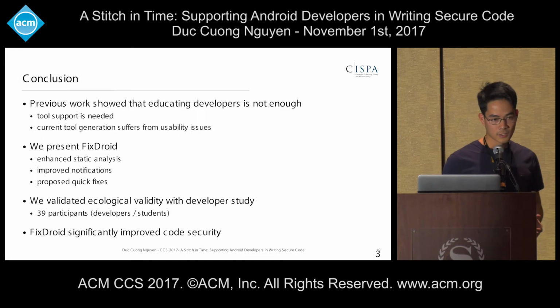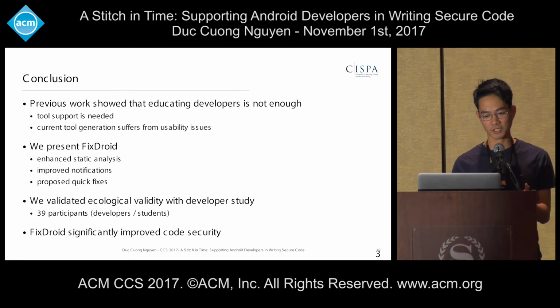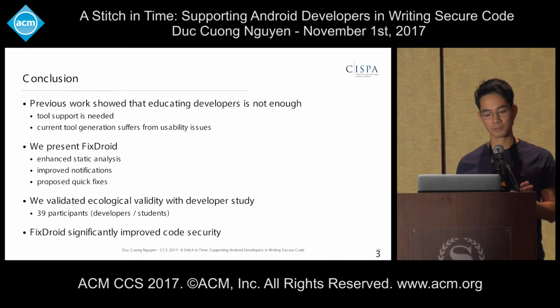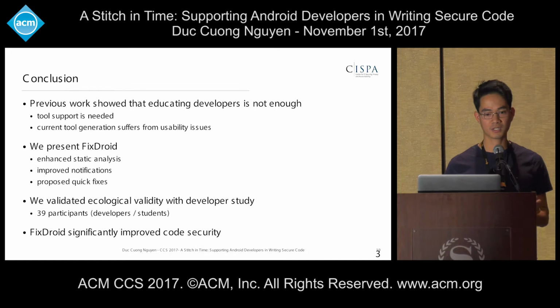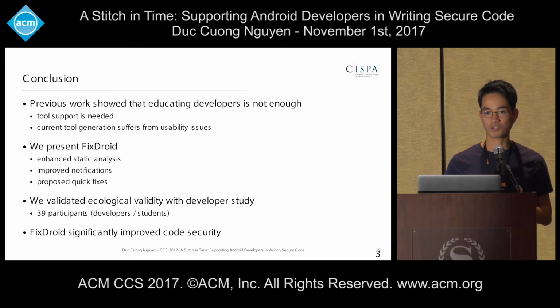So to conclude my talk, previous work has shown that developers' education is not enough. We need tool support. And the current generation of tool support is suffering from usability issues. So in this work, we presented Fixroid. It enhanced the static analysis of Android lint by performing static analysis on 4 different levels: project, package, method, and class levels.